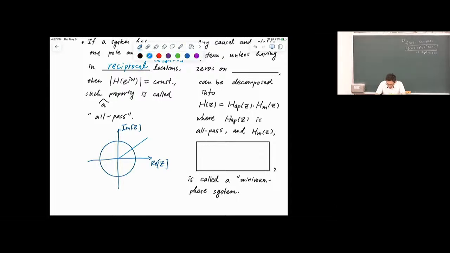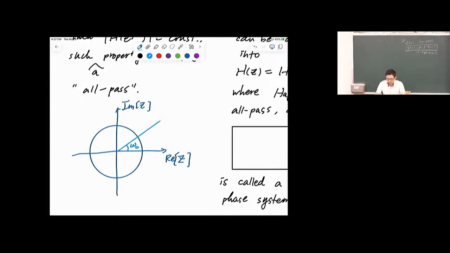Let's say the angle is omega 0. And let's say we have the pole inside here, and we mark it with a cross. This is a pole, and let's say the pole is located at P equals r times e^(j omega 0).